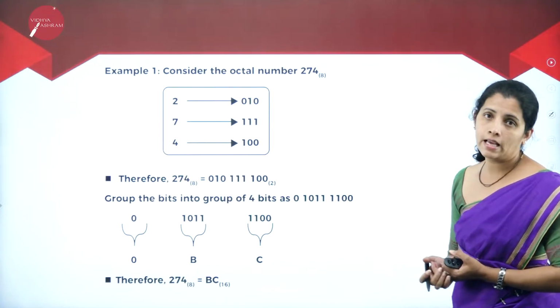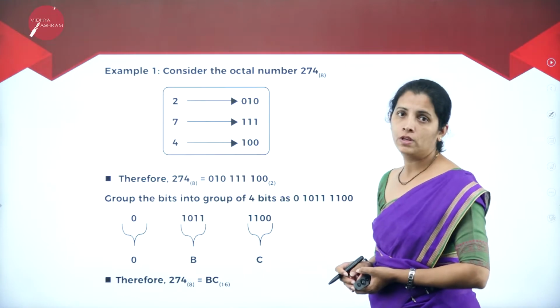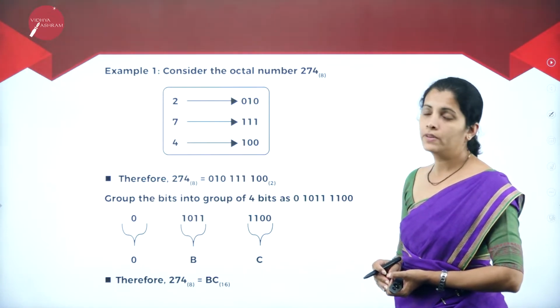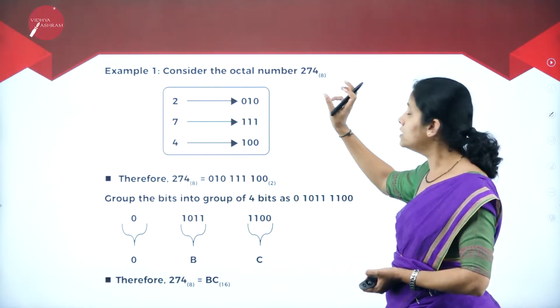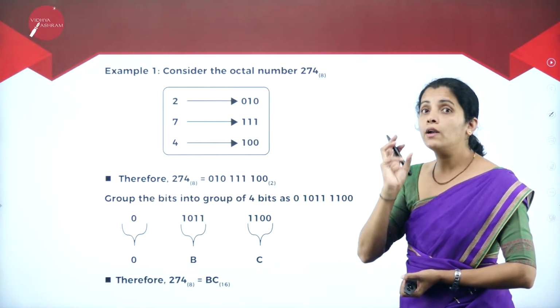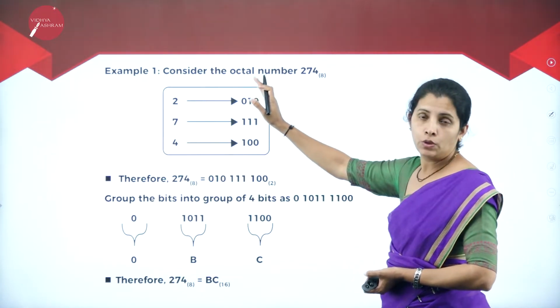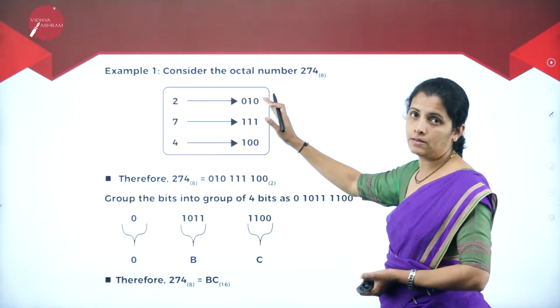Let's consider the example here. I have 274. So this is my octal number. To convert octal to hexadecimal, I'm going to use the binary number system.